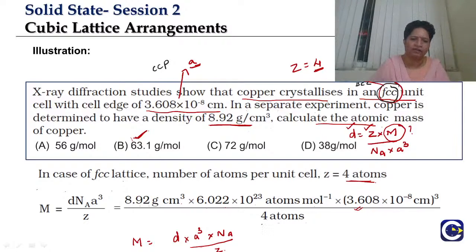Only thing is the effective number of atoms has to be changed. For BCC, you will have to take 2. Because it's given as FCC, we have taken it as 4. In case if it is given as BCC, what change do we make? Only this change. We will have to take it as 2.